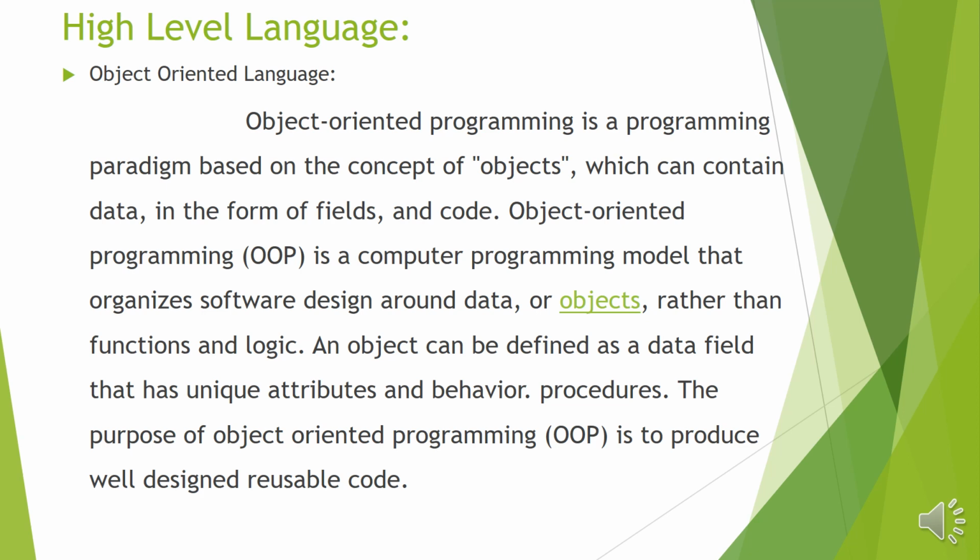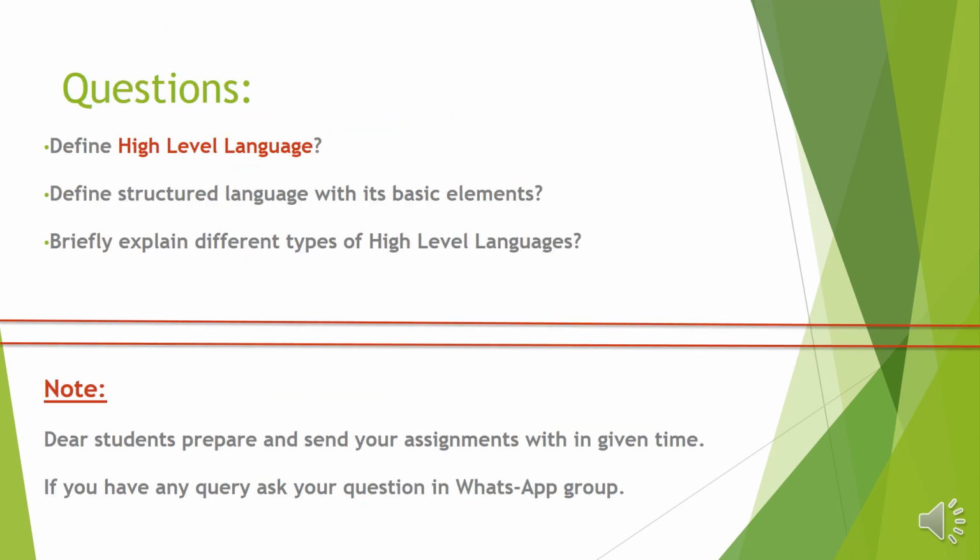An object can be defined as a data field that has unique attributes and behavior. The purpose of object-oriented programming is to produce well-designed and reusable code. It means in object programming, different types of code can be reused in a program by just calling a function. C++ programming also supports object-oriented language.